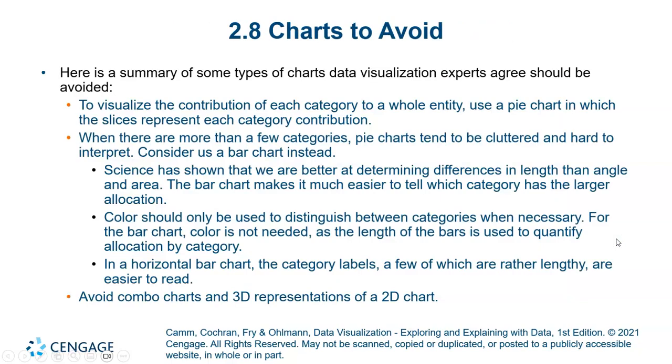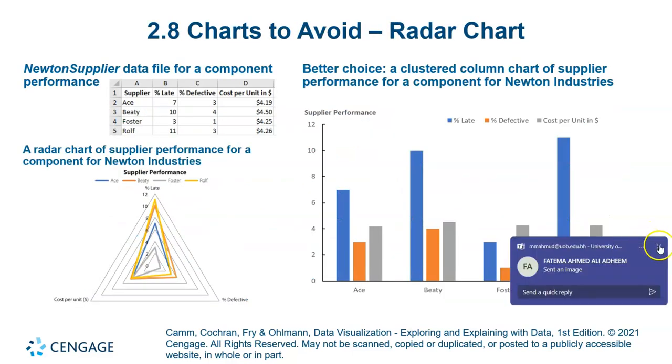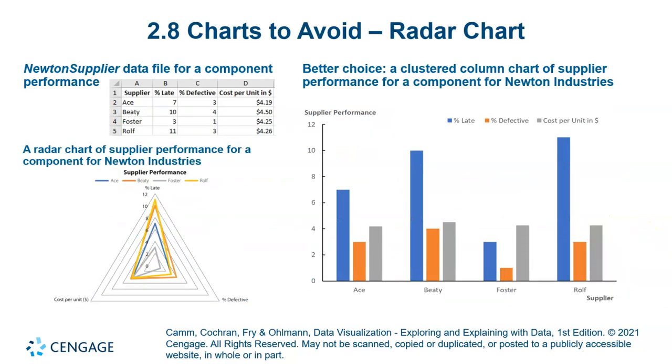So these are different charts to avoid. Here is a summary of what kind of chart should be avoided and what should not be avoided. For example, on the right hand side, you can see it's very easily understandable.